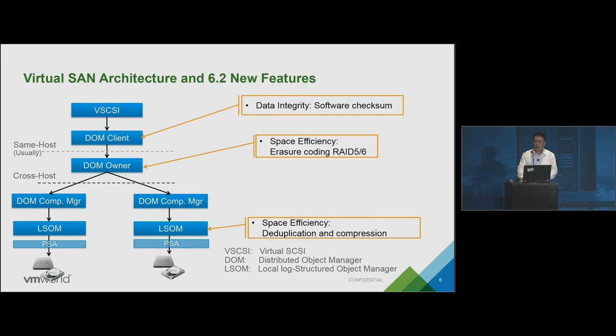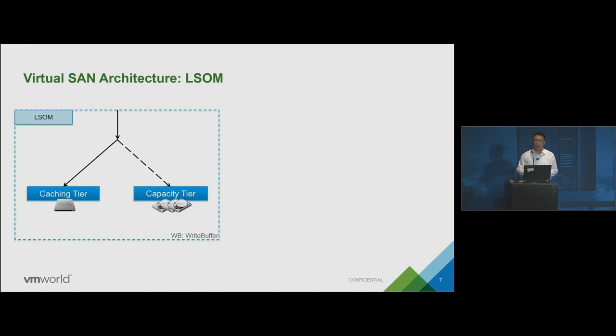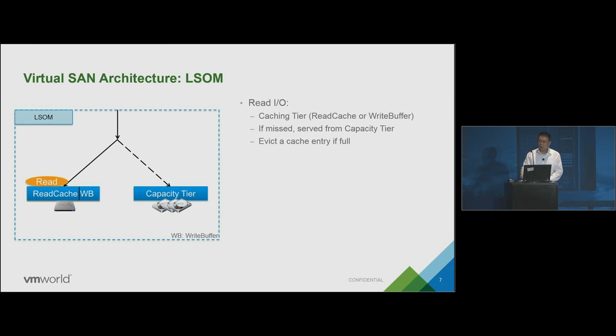Now let's look at a simplified diagram of the LSOM layer. The LSOM layer has two sub-tiers, the caching tier of SSD and the capacity tier of hard disk drives. When a read I/O reaches LSOM, VirtualSAN first looks up the data in the caching tier, which is partitioned to be read cache and write buffer.